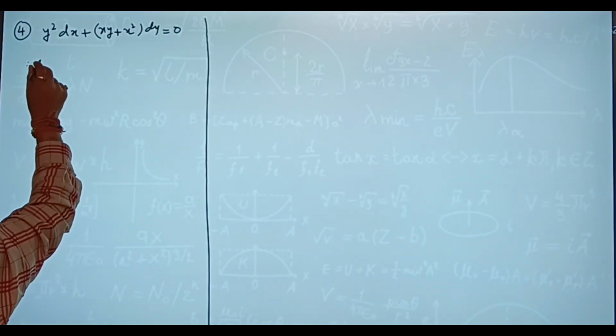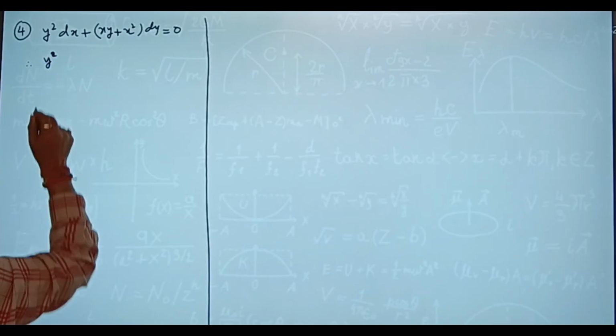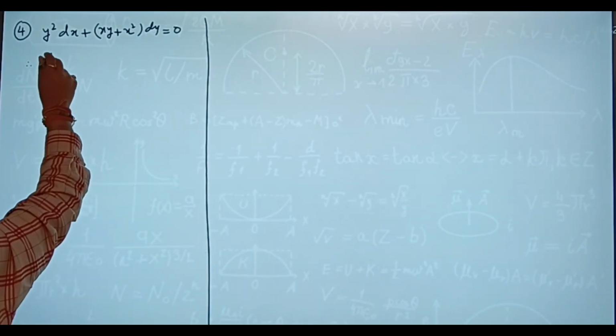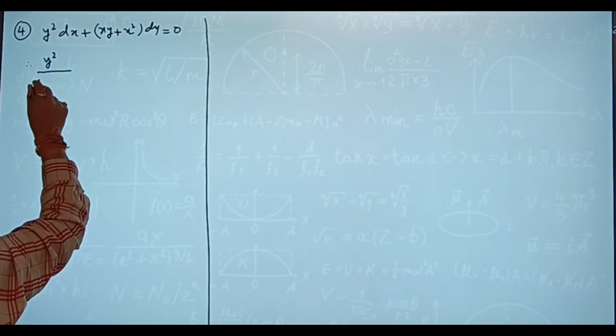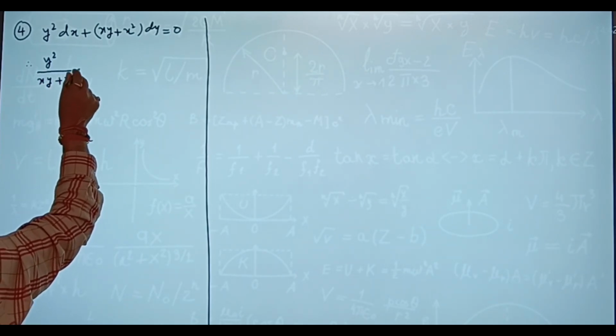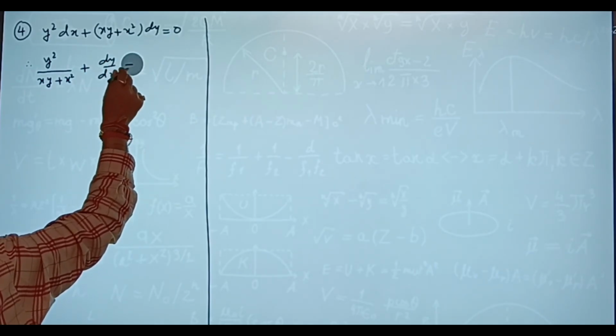Therefore, y square upon xy plus x square plus dy by dx is equal to 0.